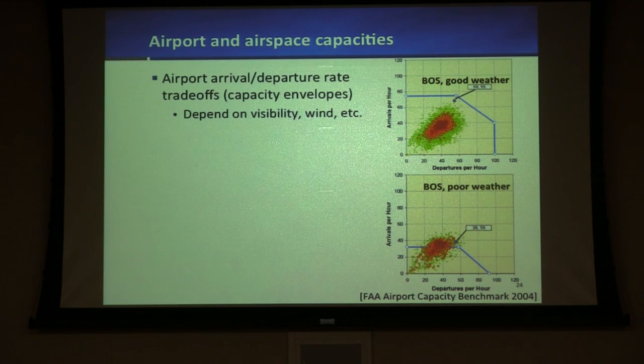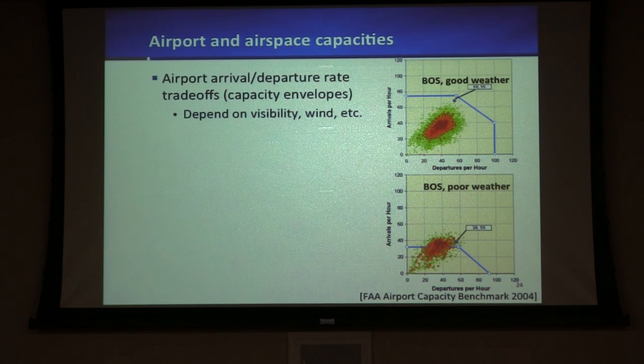So if you think about the capacities that you're trying to allocate, there are two things that we care about when we're trying to manage this airspace. One is the airport capacities themselves, and here there are trade-offs. These trade-offs tend to occur based on what are known as capacity envelopes. In any hour or 15-minute period, how many arrivals, how many landings can I have, and how many takeoffs can I have?